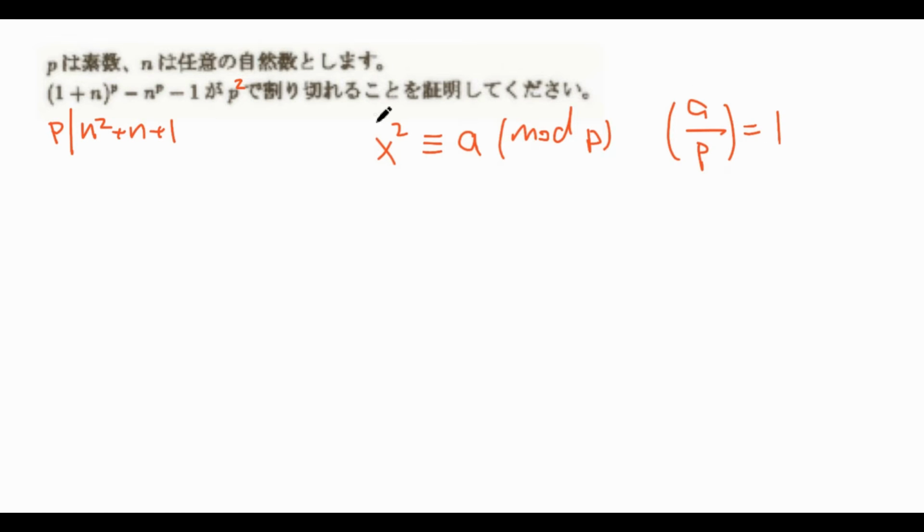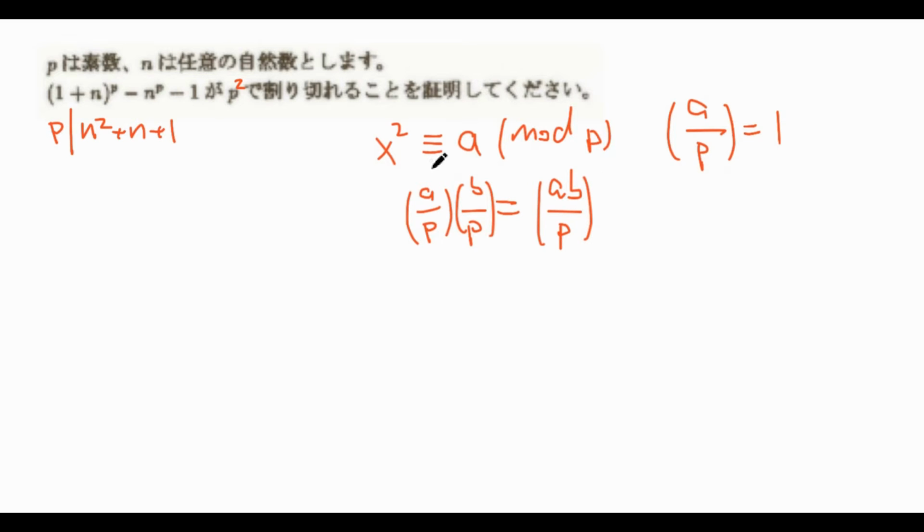We should also go through some of the properties in order to solve this problem. First off, the Legendre symbol is completely multiplicative. This means that for any numbers a and b, (a over p) times (b over p) is equal to (a times b) over p. So this is a completely multiplicative function.